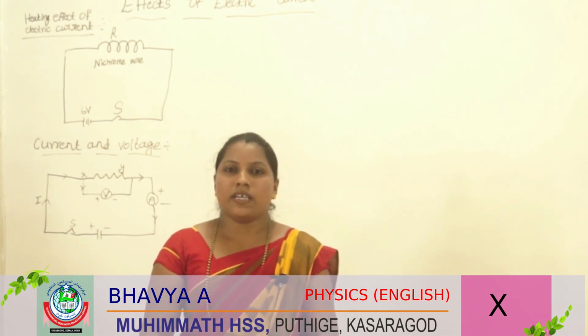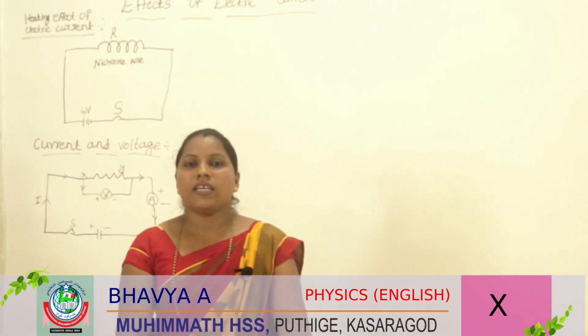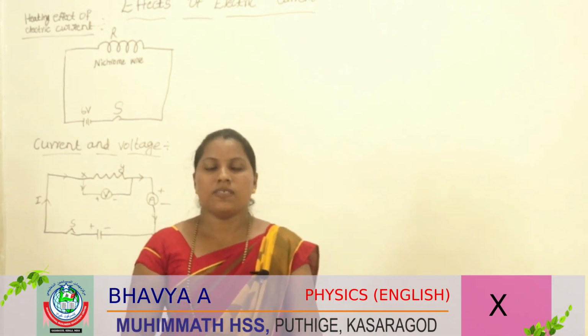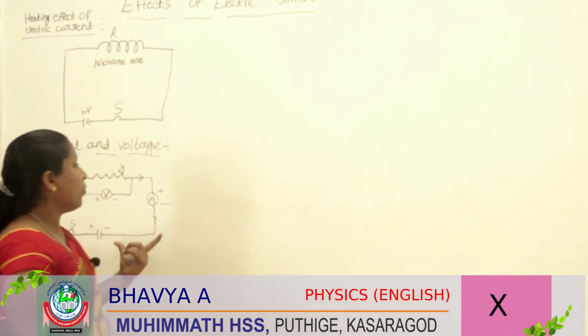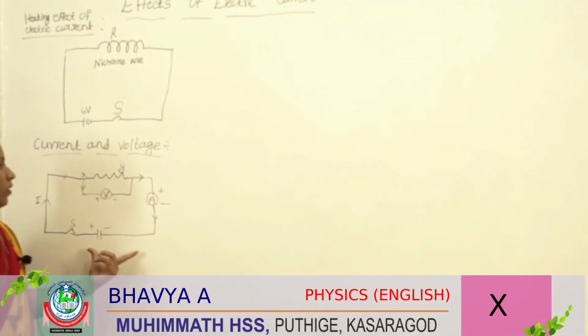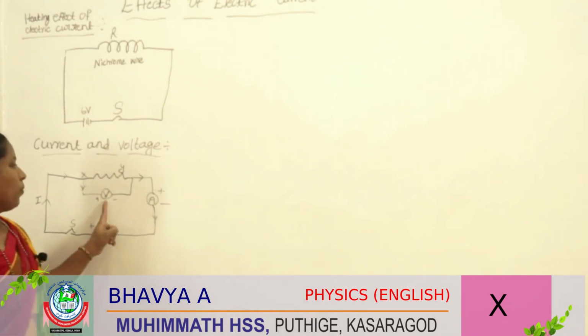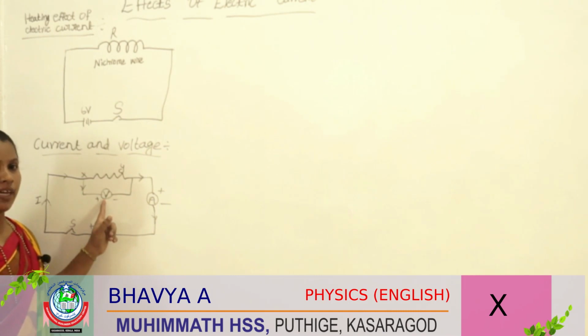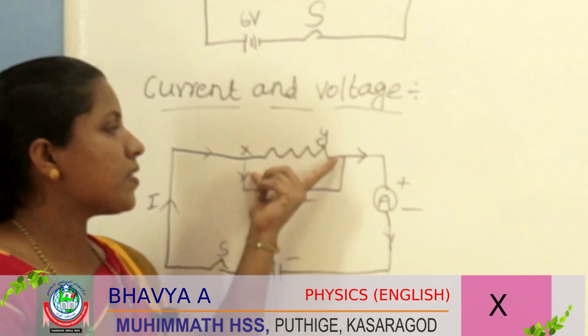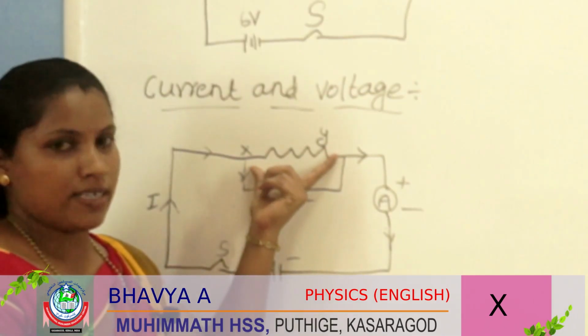Next we are studying about voltage and current in a circuit. See, analyze here the circuit picture I drew. Here this one is a voltmeter, it is connected to measure the potential difference between these two ends.